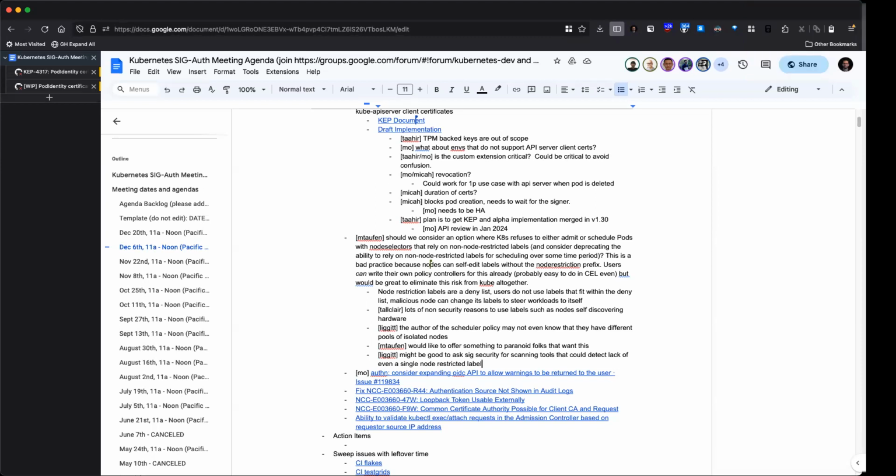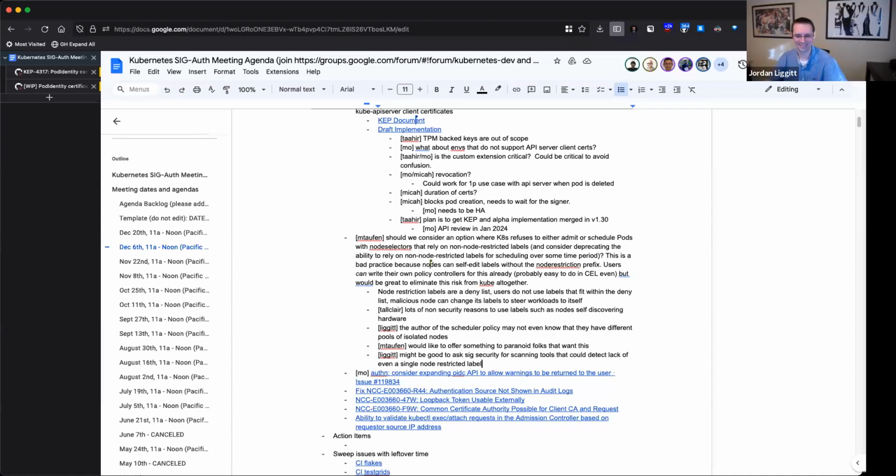Somebody who is security conscious enough can define their expected labeling schema and write policy around it. Really the reason I'm bringing it up here is to see if we could do something for the broader community that's not really thinking about that.